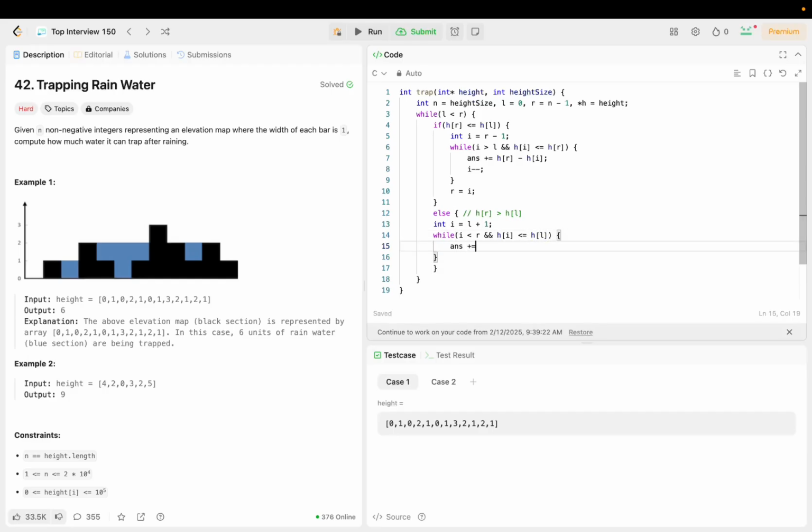So we should add to the answer the amount of water that we can trap, which is height of the smaller bar, which is h of l, minus the height at the current index, which is h of i. And then we advance i one position to the right.